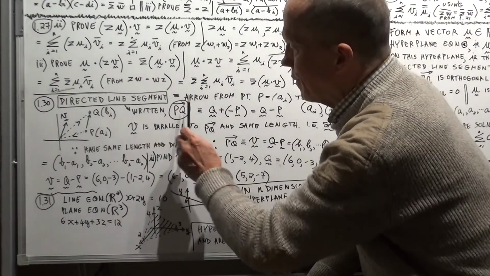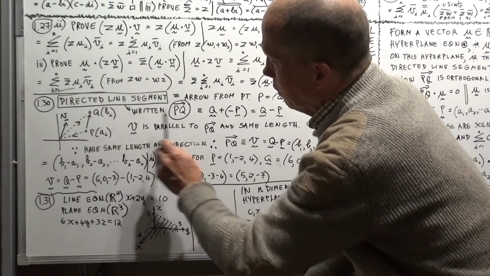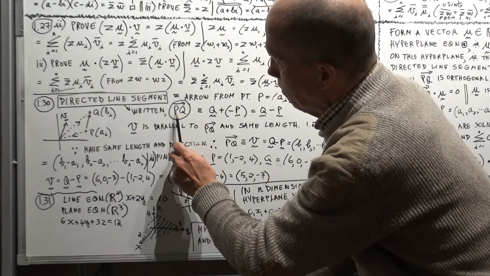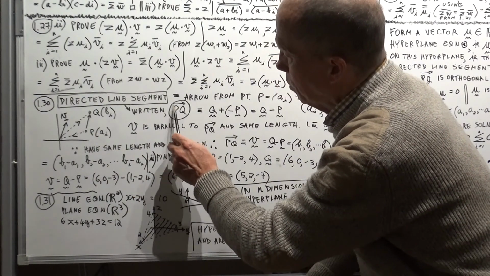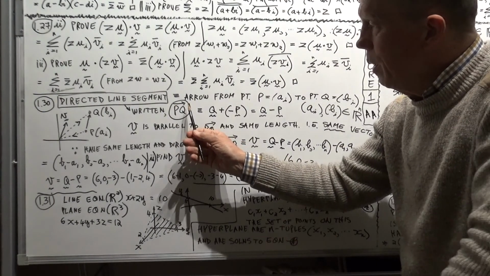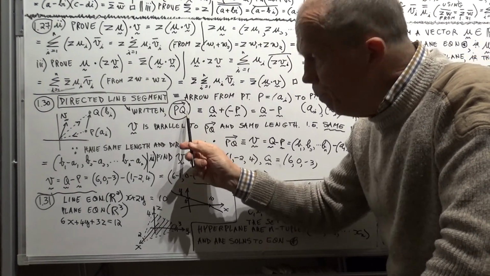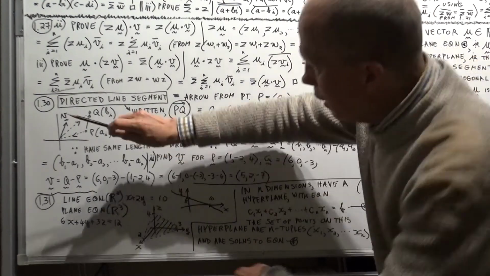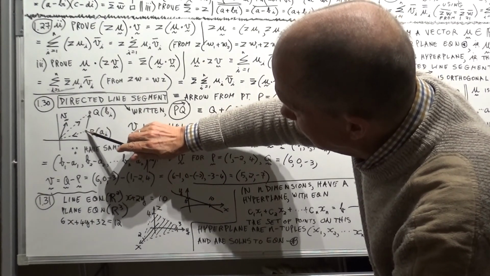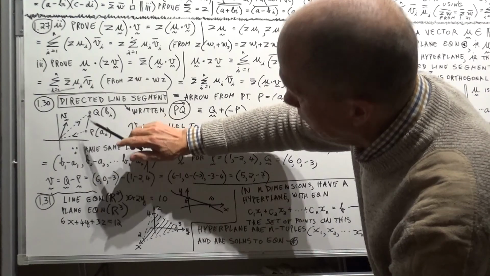You represent it in the following form. You write it as PQ with an arrow above it, and the arrow gives the direction from P to Q. In other words, it's this arrow here, this directed line segment.